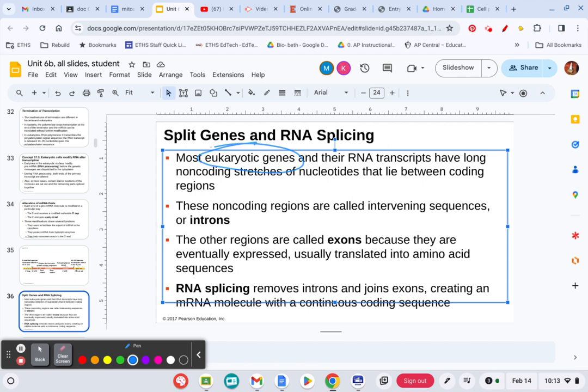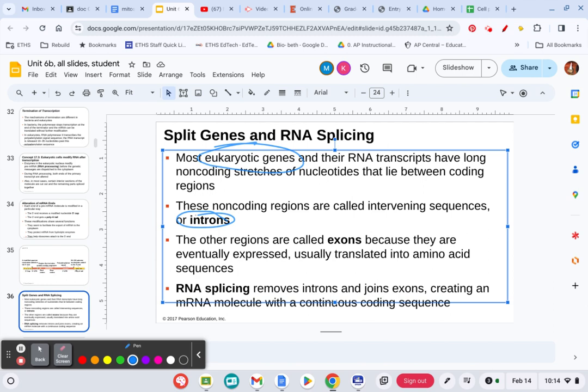So most eukaryotes have areas within their gene that are called non-coding regions. And they're called introns. They're in between the coding regions.